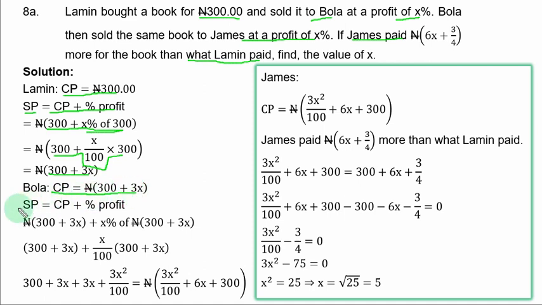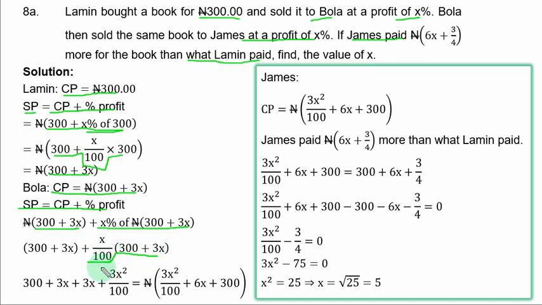So Bola's selling price is equal to cost price plus the profit made. The cost price is 300 plus 3s and the profit is S% of the cost price. S% means S over 100 times the cost price.